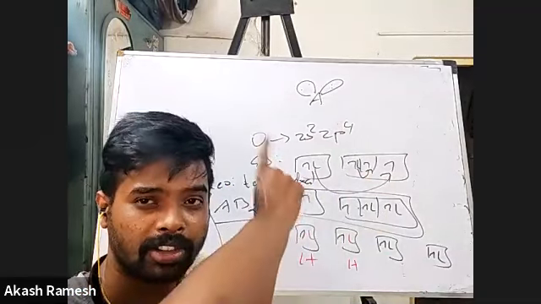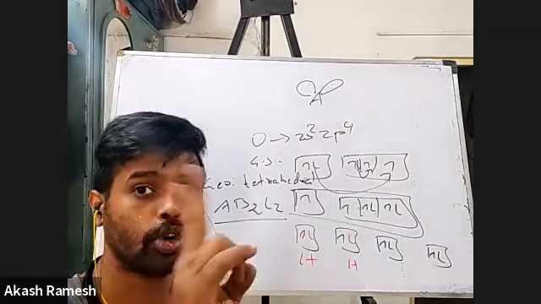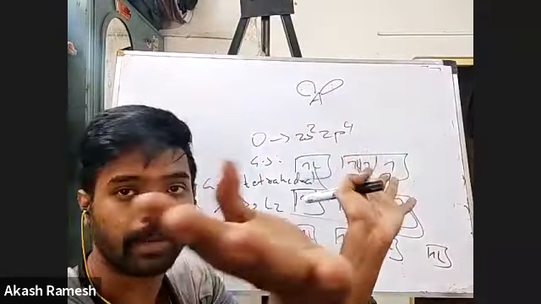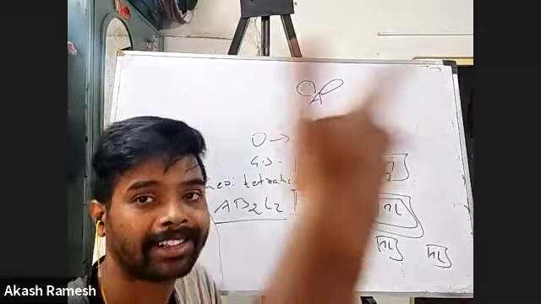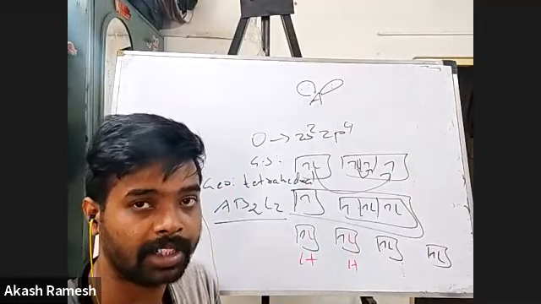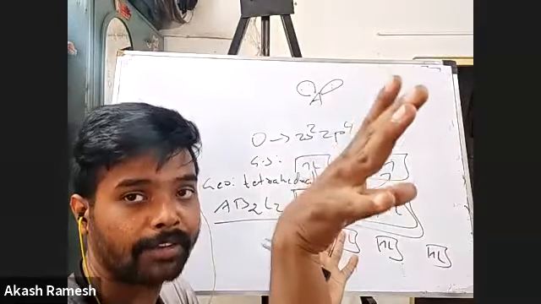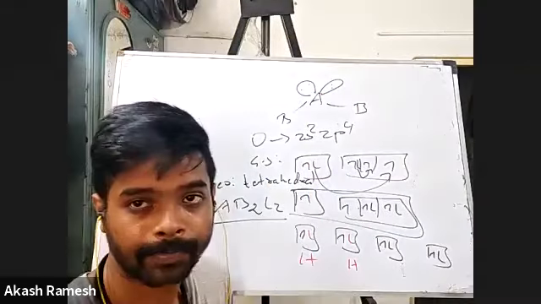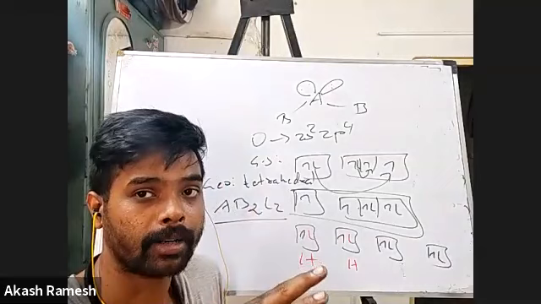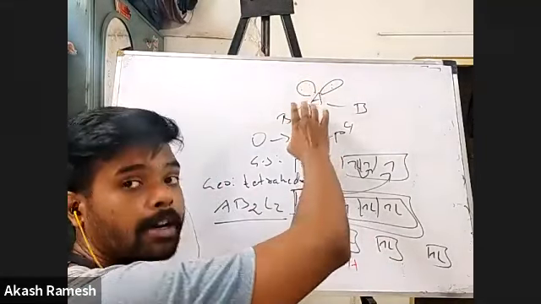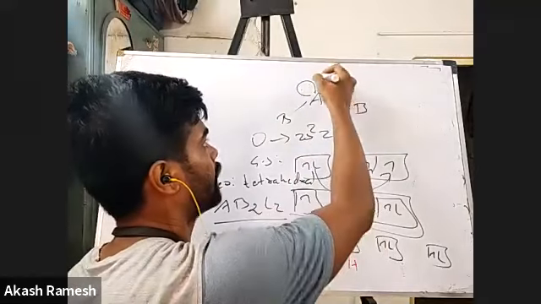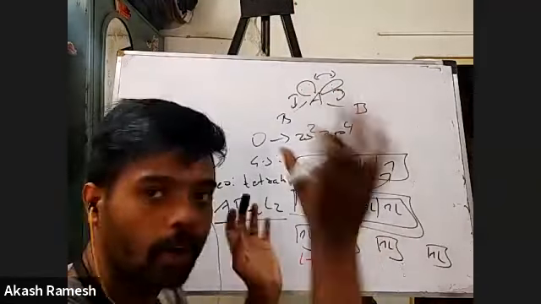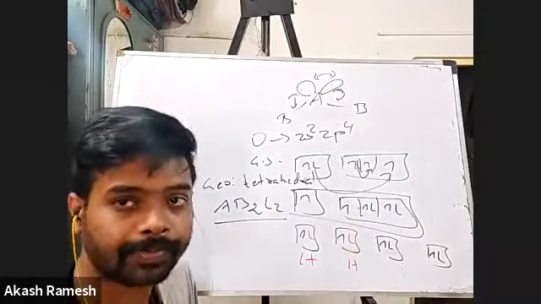Here there are 2 lone pairs on the central atom itself, so these 2 lone pairs will be very far away from each other, because lone pair repulsion is the maximum among all 3 types of repulsions. And on both sides I have my bonding atoms. So the lone pair bond pair repulsion also becomes higher because these two are going apart, so definitely the bonding atoms will come still closer.